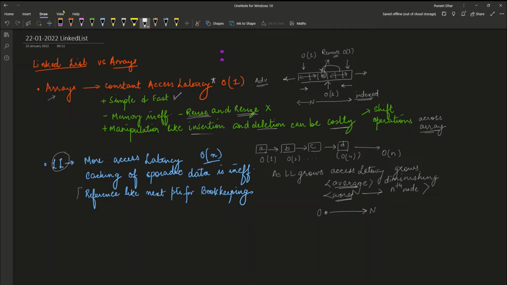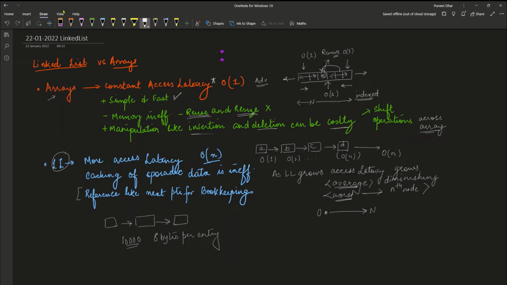Secondly, even memory wise, if your linked list is very large, say you have 10,000 elements in your linked list and you have a 64-bit system, it would mean that 8 bytes per entry are reserved for pointers.